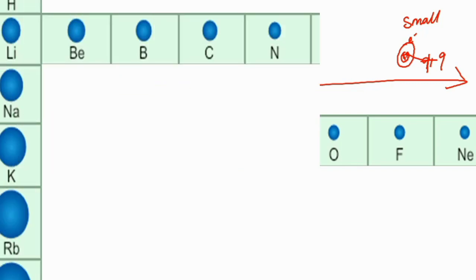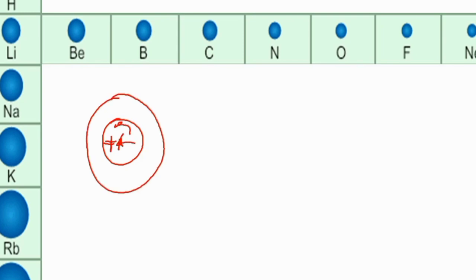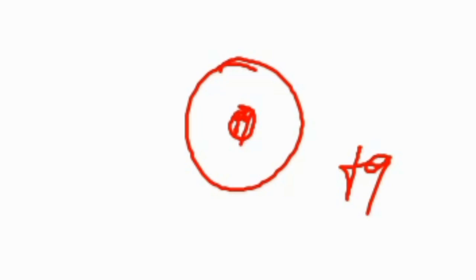Then why is it that that of beryllium is bigger in scale? That of beryllium, if this is the nucleus, has a +4 charge. But that of fluorine, if this is the nucleus, has a +9 charge.